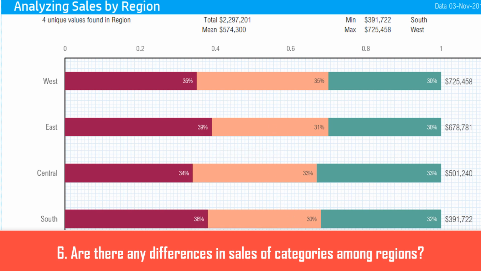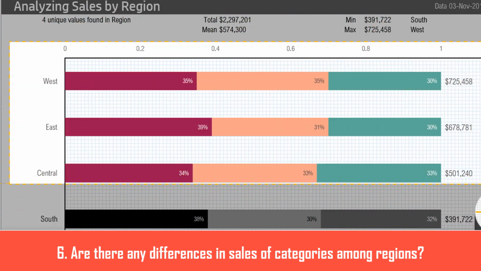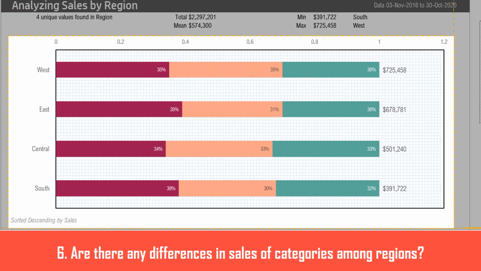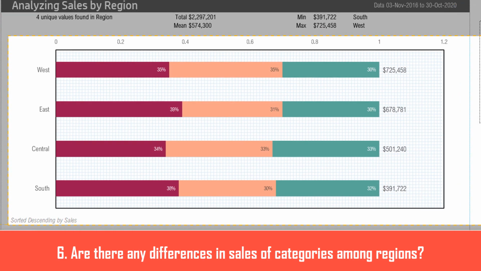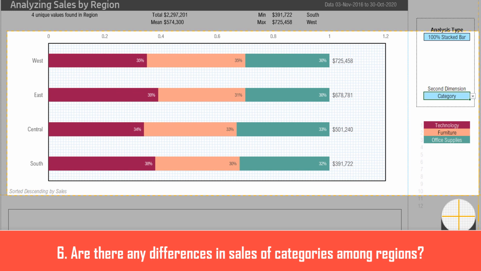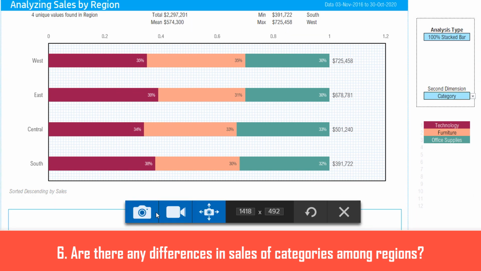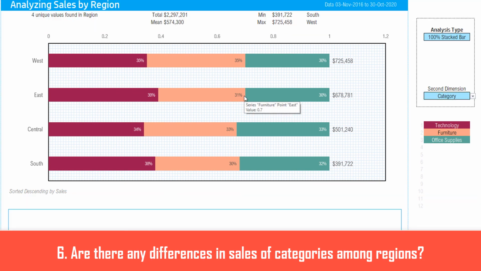So you see that all the regions are very similar when it comes to the categories that are sold within that region. Remember that we are doing a 100% stacked bar here. I usually take this with the legend, because it's very important to have the legend as part of your visual when you paste something in a report. So I'm going to go back here.